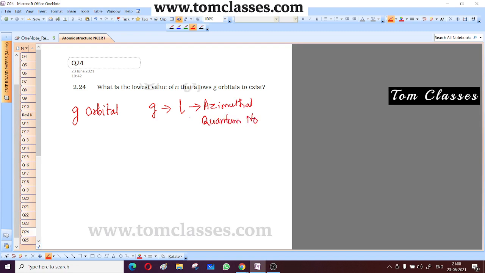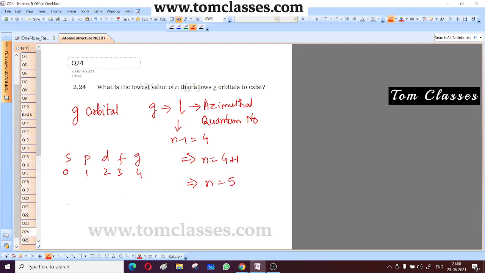L value is up to n minus 1. So what is the value of L for g? S, P, D, F, G: this is 0, this is 1, this is 2, this is 3, this is 4. So L is 4, n is equal to 4 plus 1, so n will be 5.